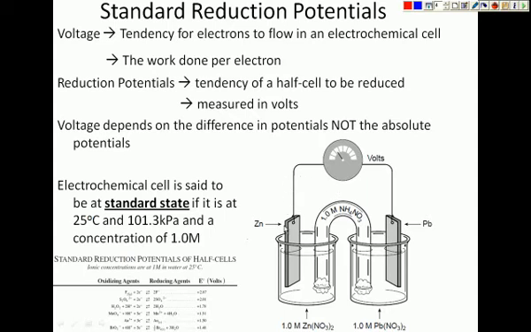We saw that Zn, or zinc, right here was losing some electrons, and electrons were going through this wire and down to the cathode here of Pb, and that makes Zn the anode.